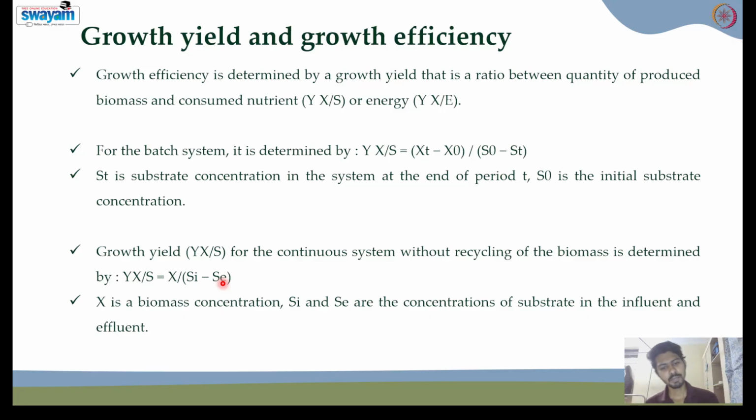Because in the continuous system there is continuous substrate addition and continuous product removal, so there is always substrate present outside. Whereas in the batch system, once the substrate and cells are added, they are removed at the end of the phase. So there is one input and one output, whereas here there is continuous input and continuous output.